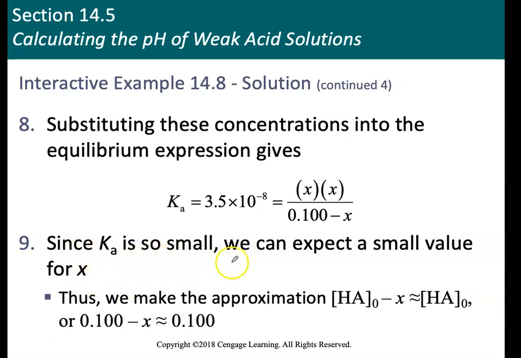Now you can look at this step, number 9. Since K is so small, we can expect a small value of X. Why is it so small? This 10 to the minus 8. Thus, we make the approximation that HA0, the initial acid concentration, minus X is equal to HA0. That essentially means you can simplify this denominator.